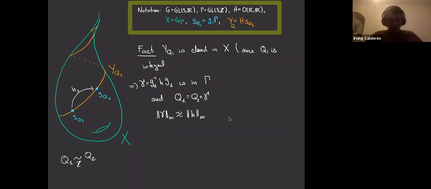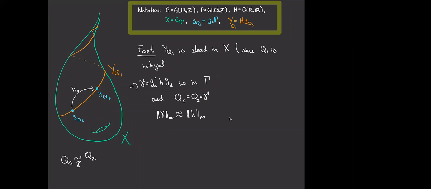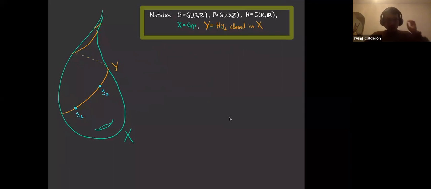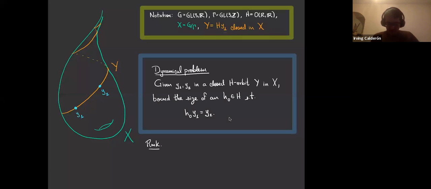So if we forget for a moment about the arithmetic motivation, we're left with this purely dynamical picture. So consider some closed H orbit Y in X, and we consider 2 points in there. And the dynamical problem just consists in bounding the size of an h that moves the first point to the second.